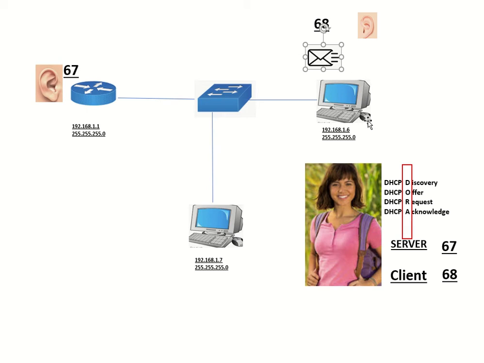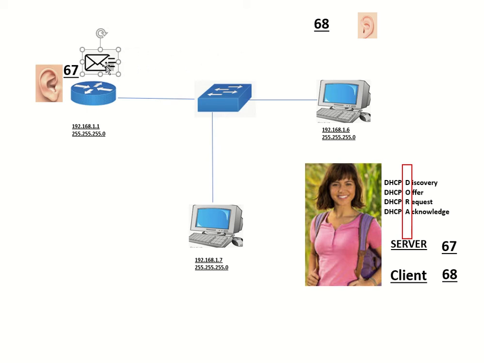The DHCP client will then respond to the DHCP server via broadcast message again, saying that it would want to get that IP address. That response is what we call the DHCP request. So it sends it out to the network as a broadcast message.